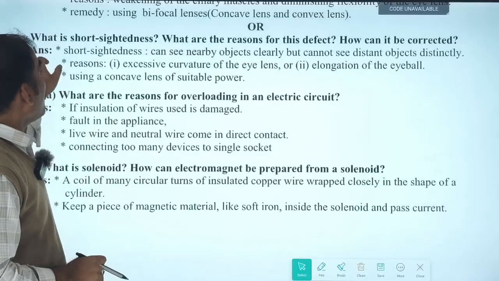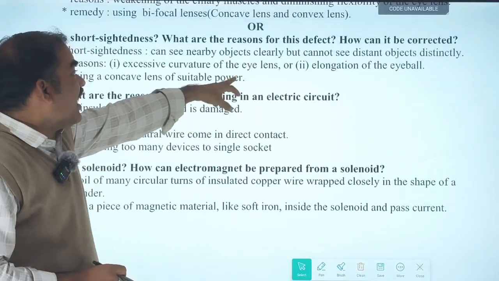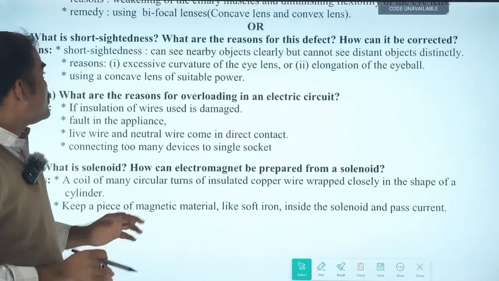Next question. What is short-sightedness? What are the reasons for this defect? How can it be corrected?